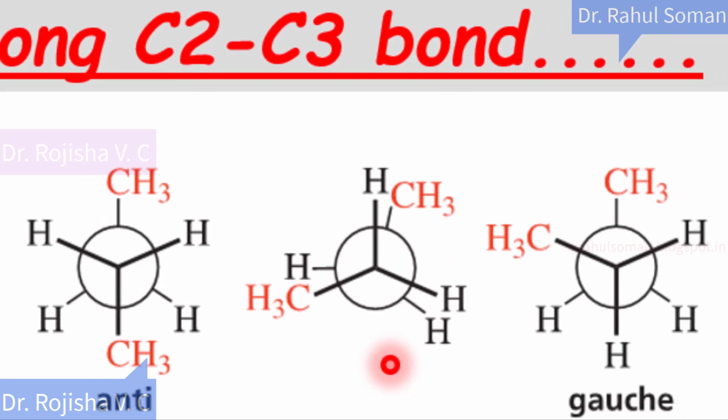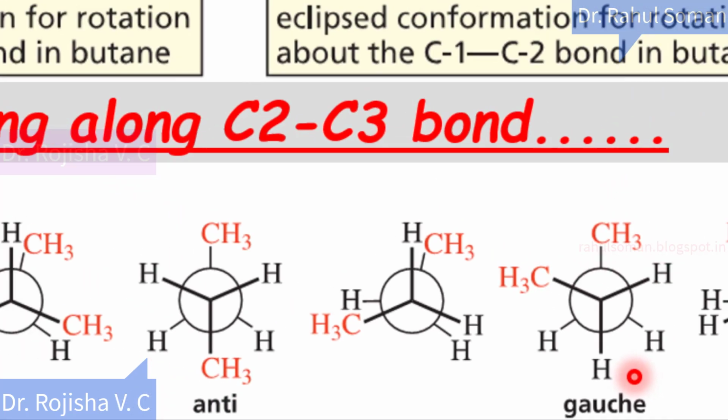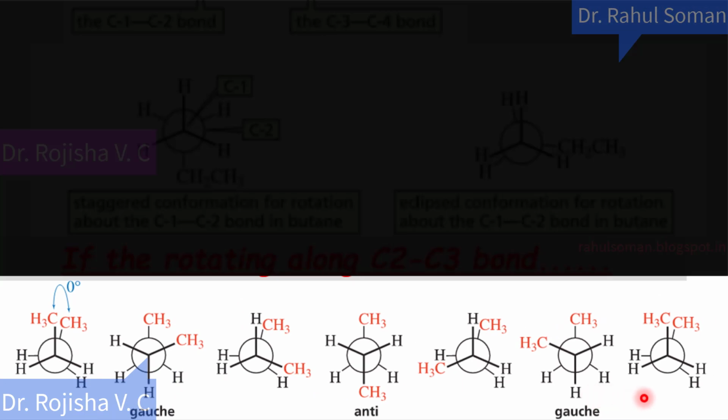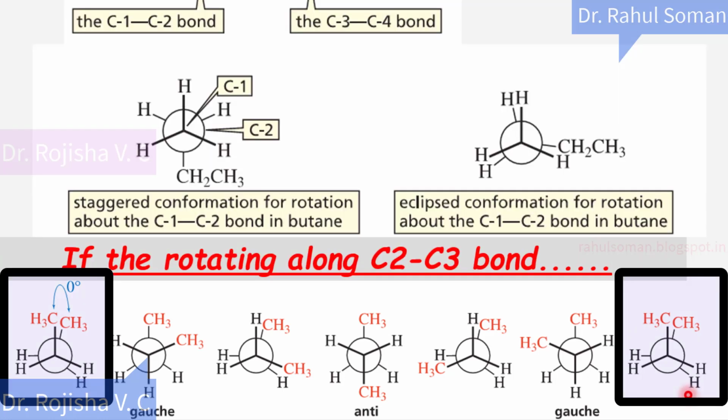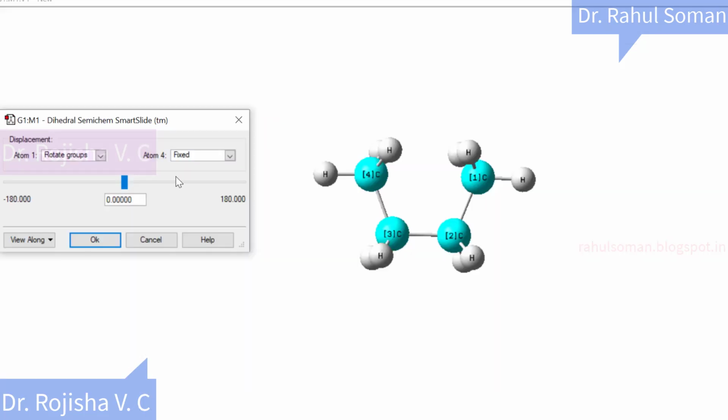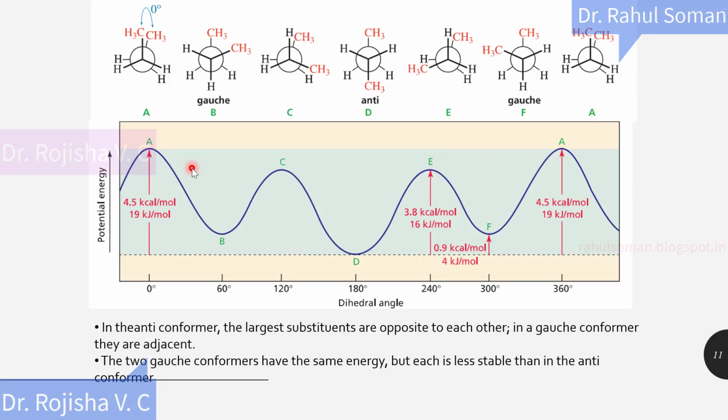Further rotation gives a gauche conformation where the CH3 groups are nearby. Then another 60 degrees gives the eclipse conformation where the CH3 groups are coming together.